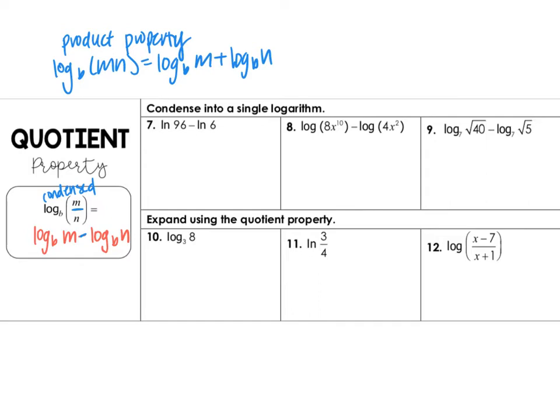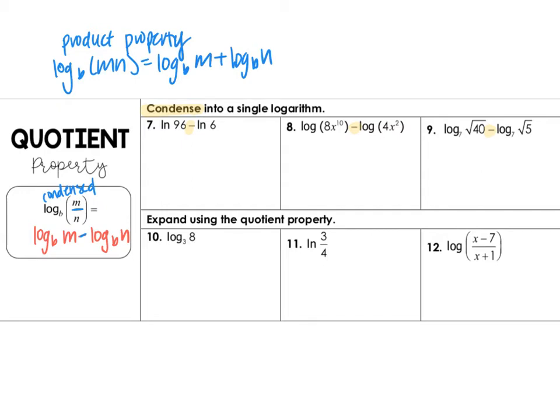So the first thing we're going to do for examples 7 through 9 is condense these into a single logarithm. Notice that they each have a subtraction symbol, and those subtraction symbols indicate that we are going to rewrite these as division.